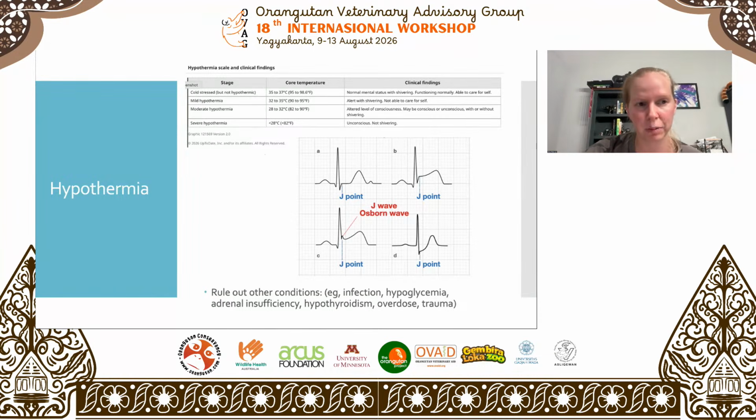So we definitely are wanting to get a temperature on our patients that are experiencing any of these issues to see what their temperature is. And unfortunately, if we are going to need to anesthetize them to handle them or take care of them, that is going to cause even further issues with their temperature.